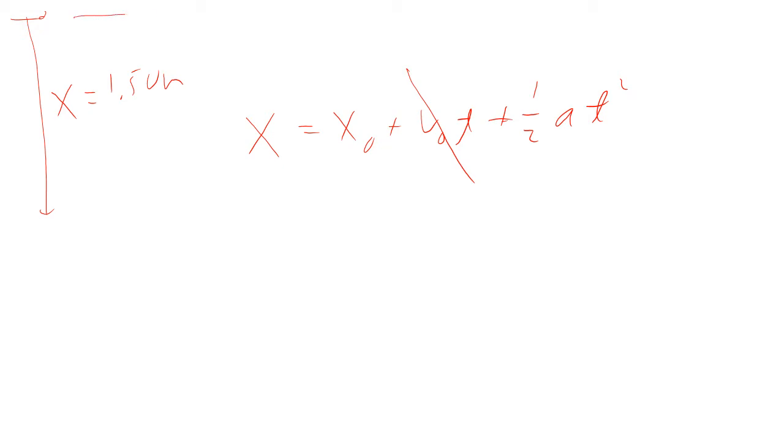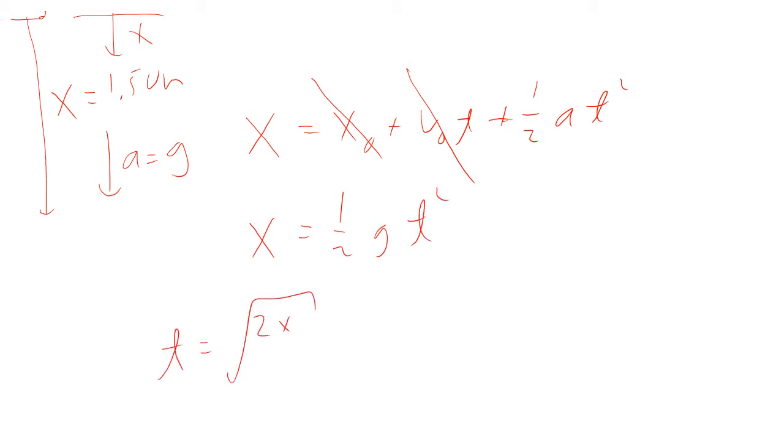Let's say I put the origin up here at the top and I say down is positive. So if down is positive, that means the acceleration is this way, so the acceleration is g. x naught is 0, so this is going to be 1/2 g t squared. So t is going to be the square root of 2x over g.